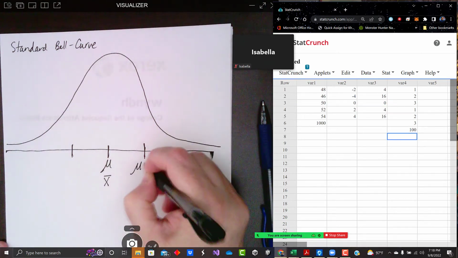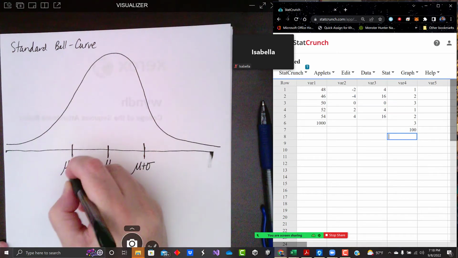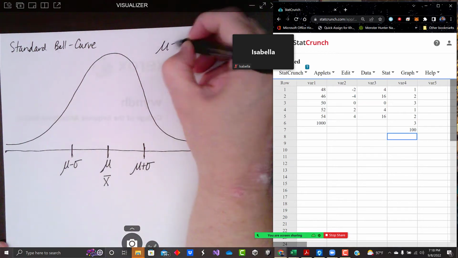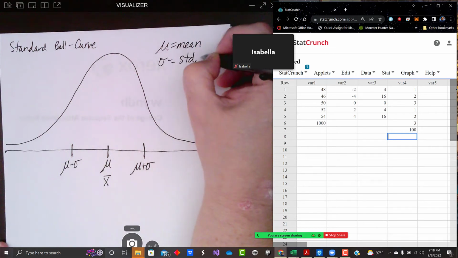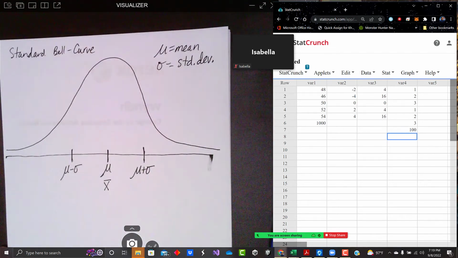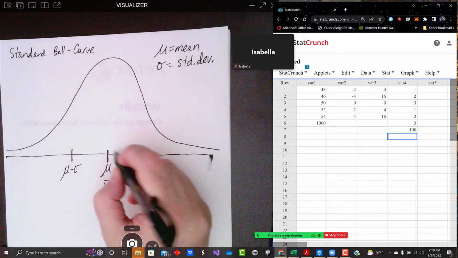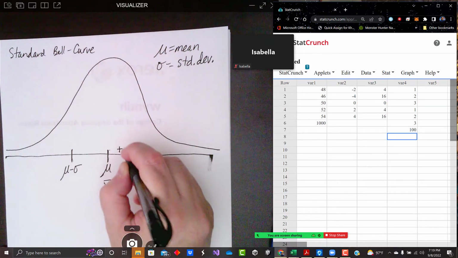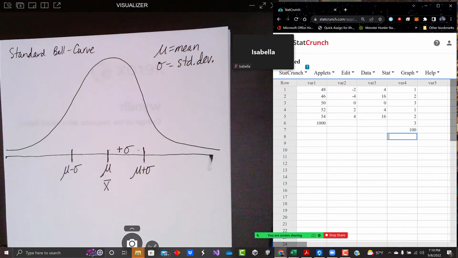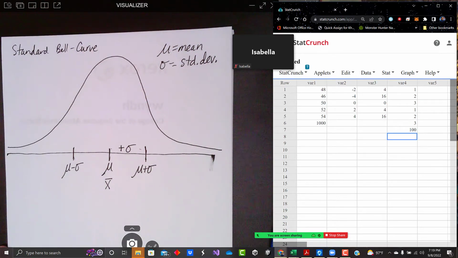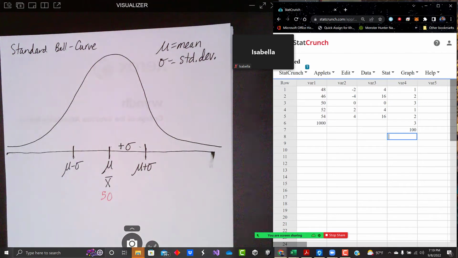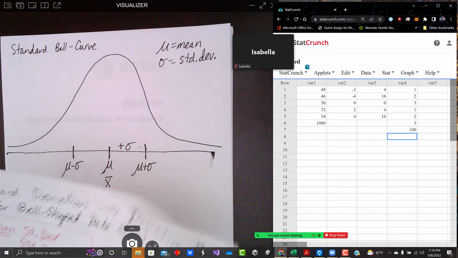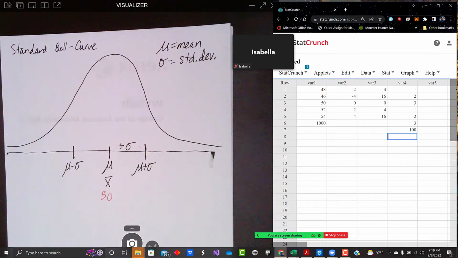This is mu plus sigma. This is mu minus sigma. Remember, mu is mean, and sigma is standard deviation. These are both numbers. So to go from here to here, I'm adding 1 standard deviation value to the mean. In terms of the last thing we had, 50 for our mean, and the standard deviation I had for samples was 3.16.